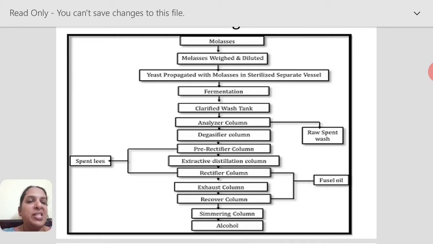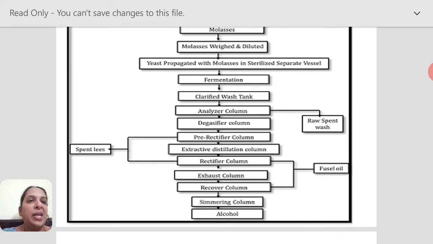Once it is fermented, alcohol and solid materials are formed, and then it is sent to the clarifier, where the solid materials are retained while the pure alcohol is taken off. Then it is subjected to the analyzer column, as well as degasification and rectification, so that the final alcohol results.